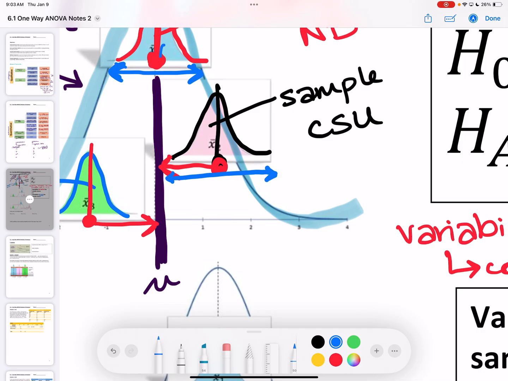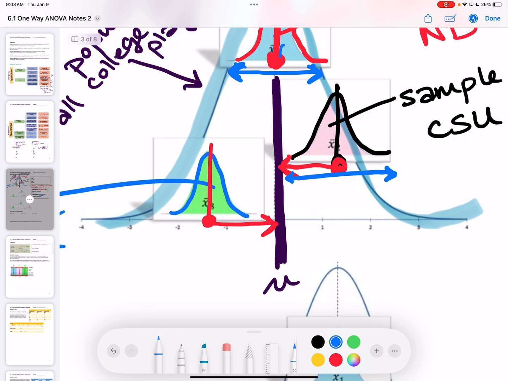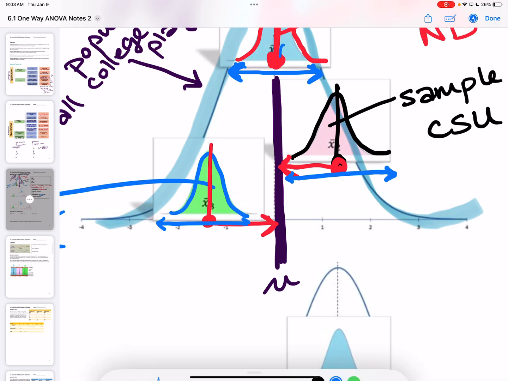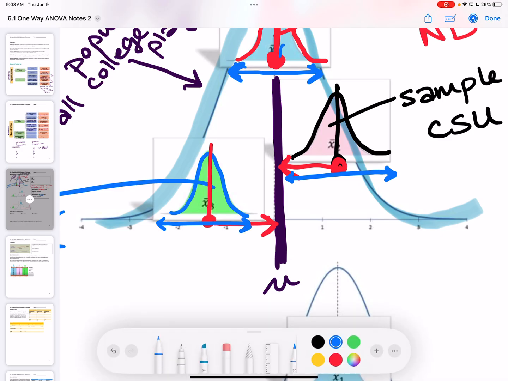So half my Notre Dame players weigh more, but all the CSU weigh more than that average. That's called the variability within. And if you look at West Virginia down here, their variability is here. They're all below that average.